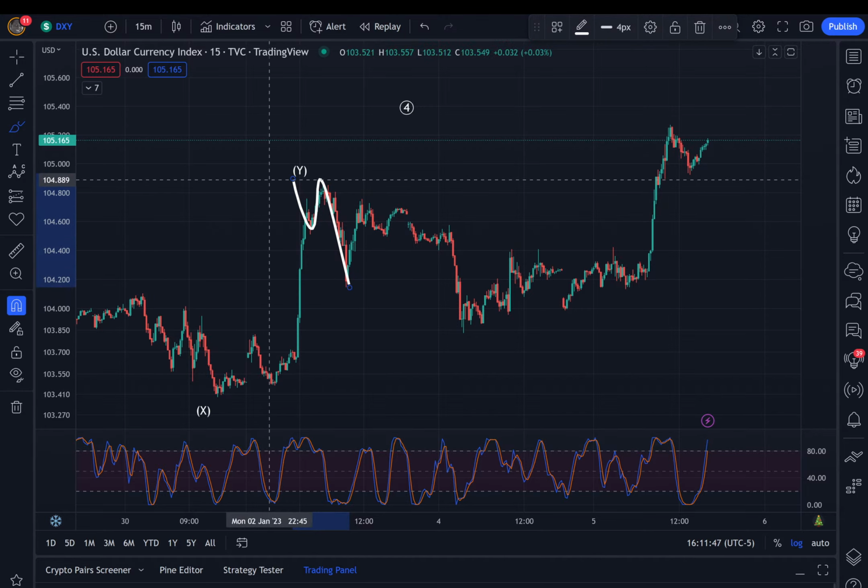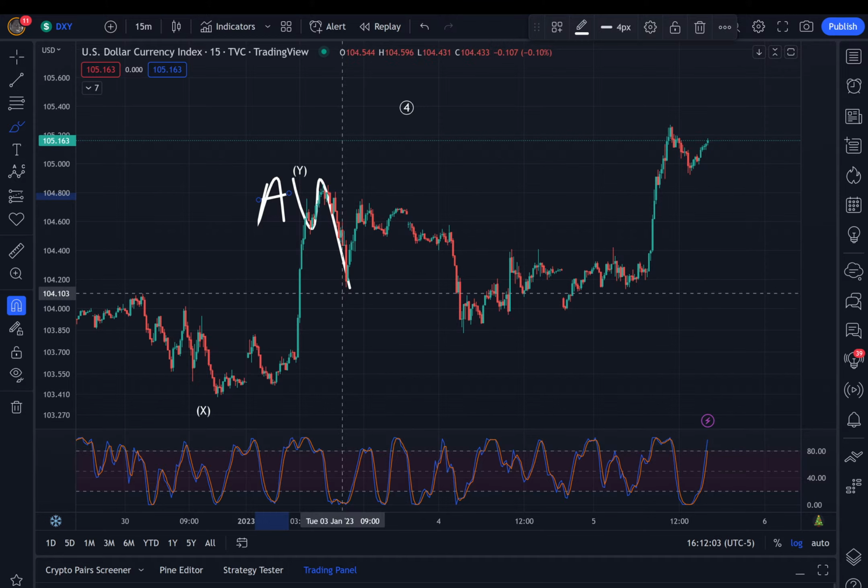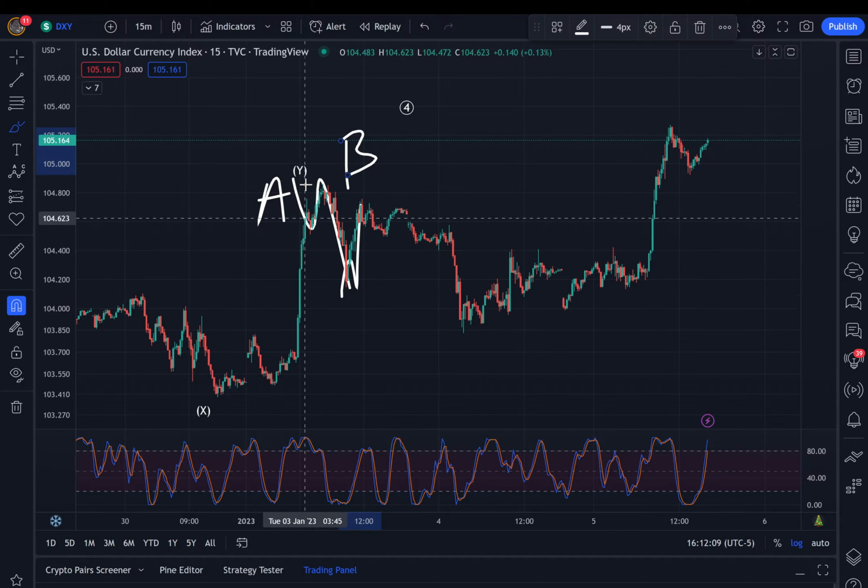A wave, that's your initial break of structure, okay? Right here, according to what I'm looking at. This is your counter trend, your B wave. Every A wave has a B wave.